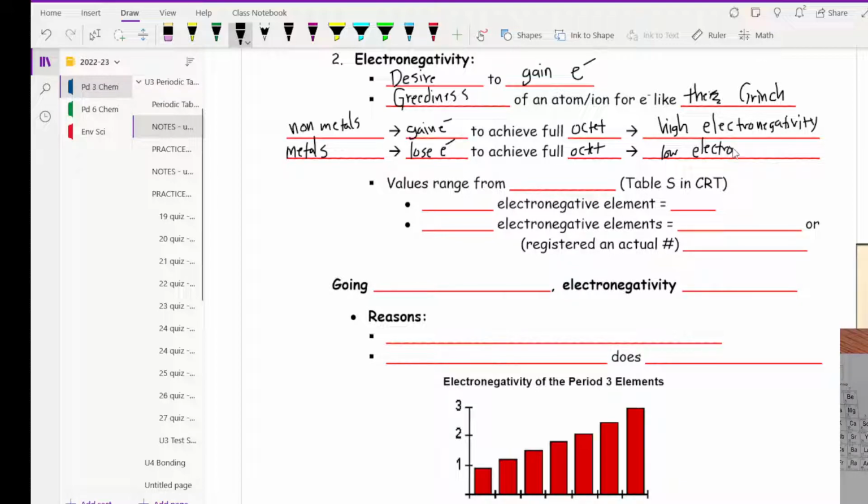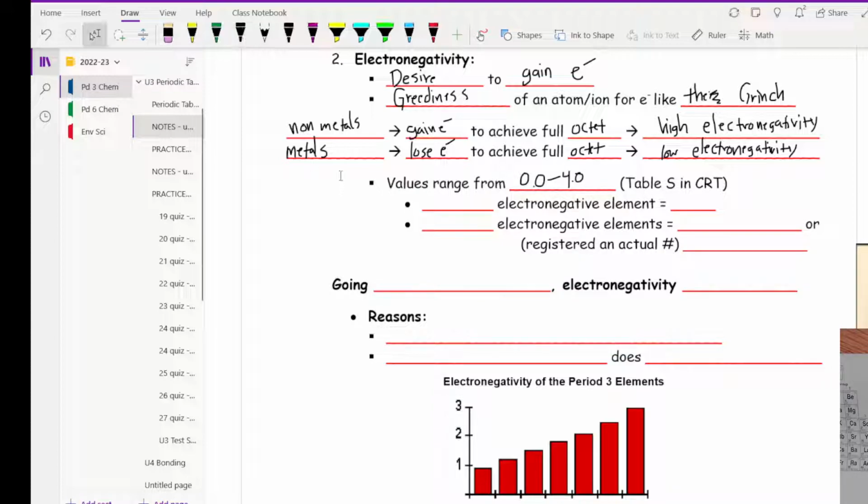It's good to write this out. Sometimes I abbreviate things, but that's only after we got the spelling down. So the only way we get spelling down is by practicing. So across the periodic table, we'll see that it ranges from 0.0 to 4.0.